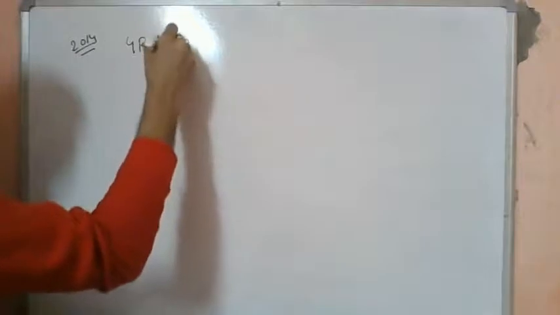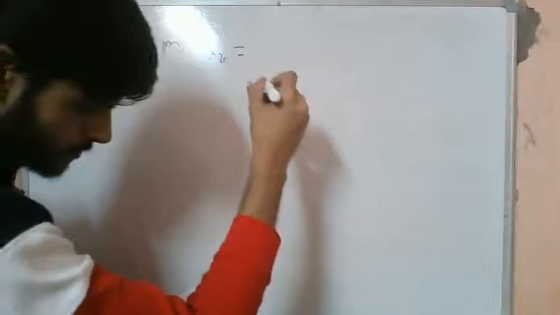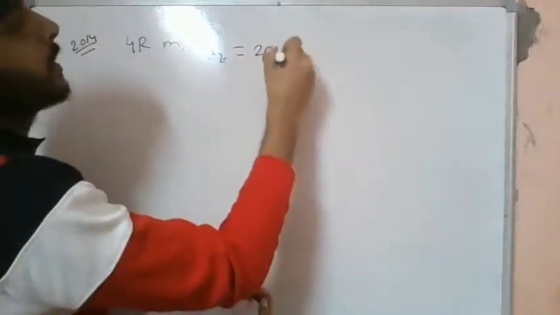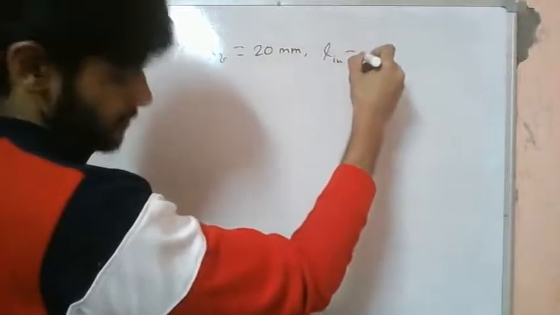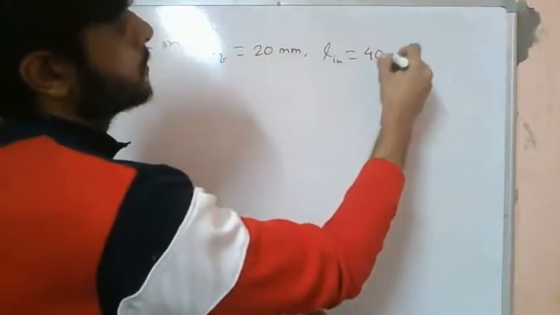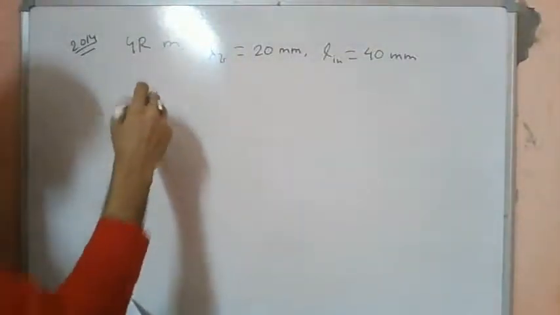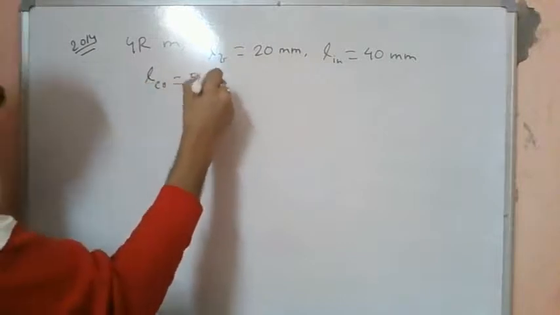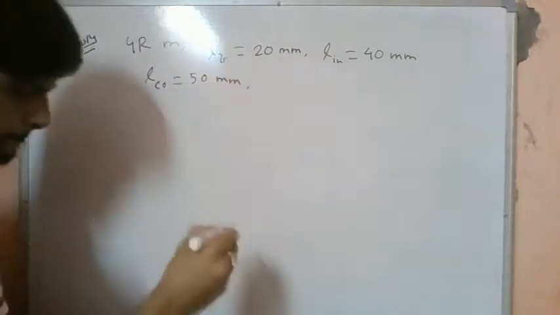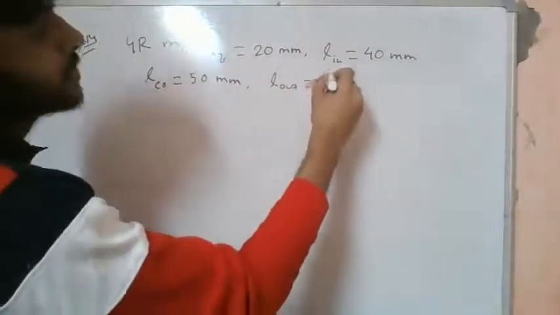We have a 4R mechanism, and these are the link lengths: LF is 20 mm, LIN is 40 mm, LCO equals 50 mm, and LOUT equals 60 mm.